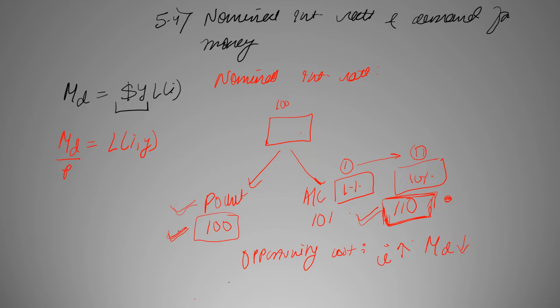Why? Because you will want to invest it and earn extra money, which is 10 rupees over here. So again, it has a negative relation. Money demand is equal to liquidity of nominal interest rate and Y, which is your income. Now i is inversely related.